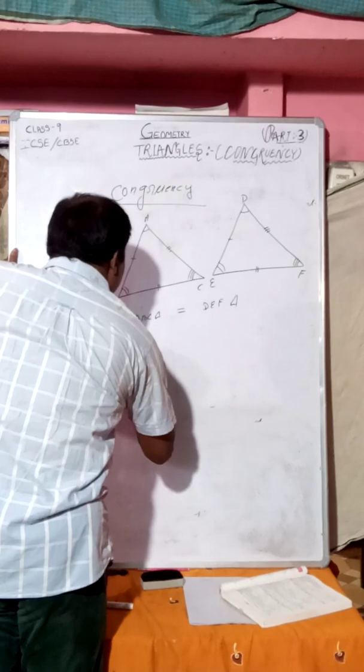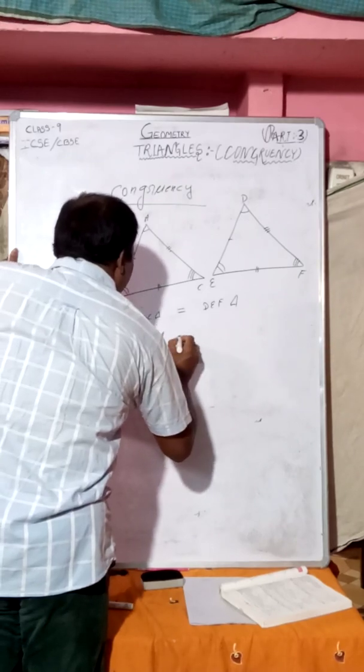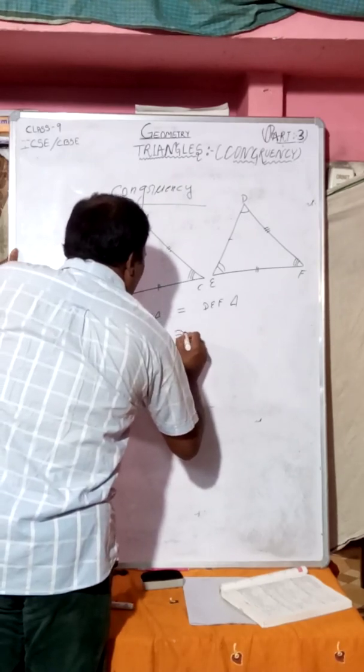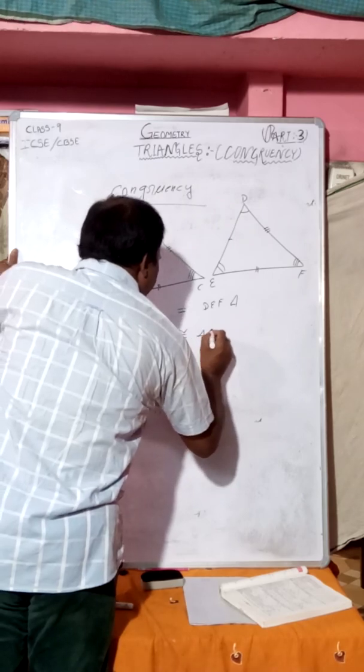We can write triangle ABC is congruent to triangle DEF.